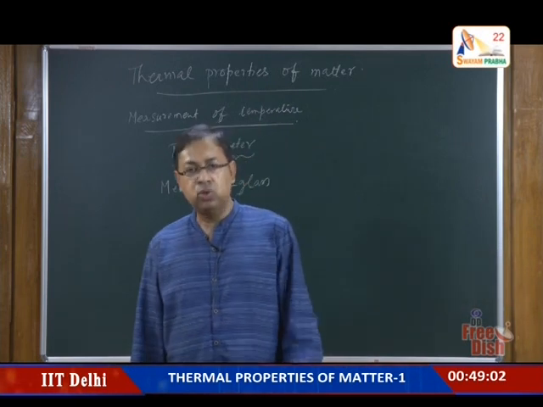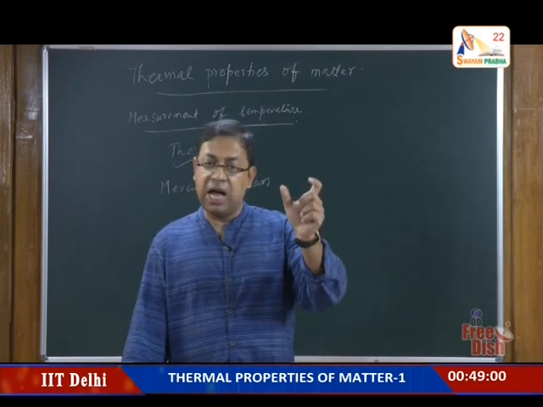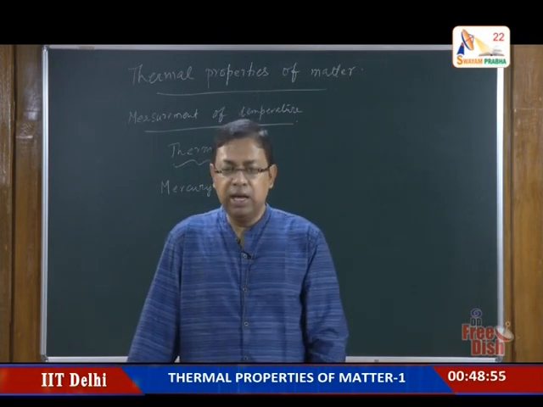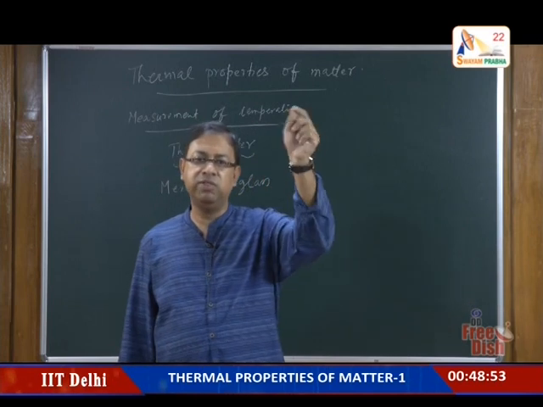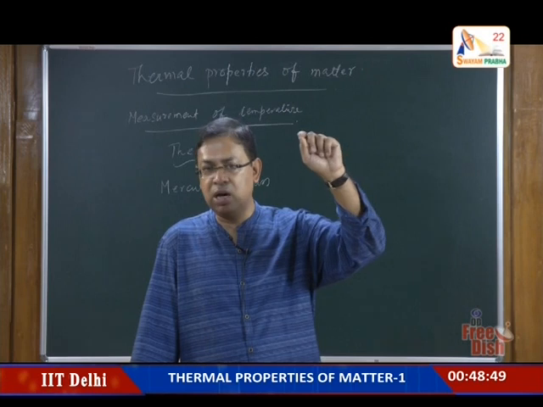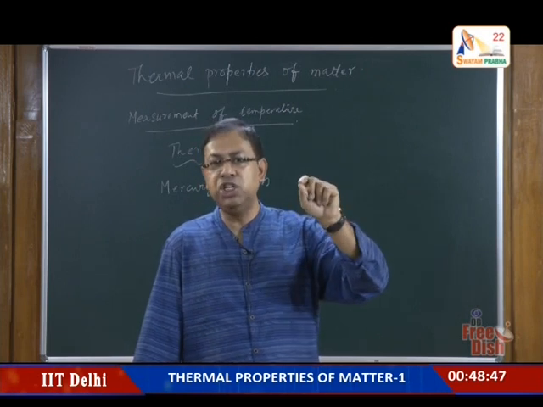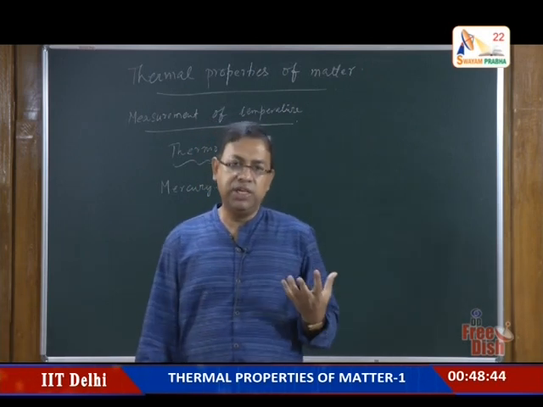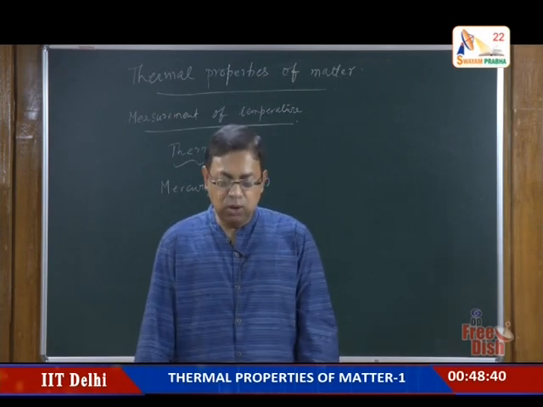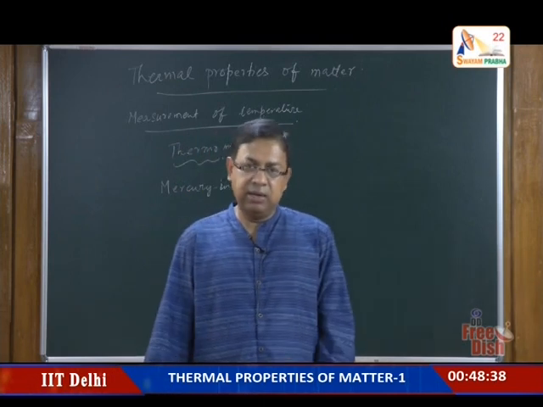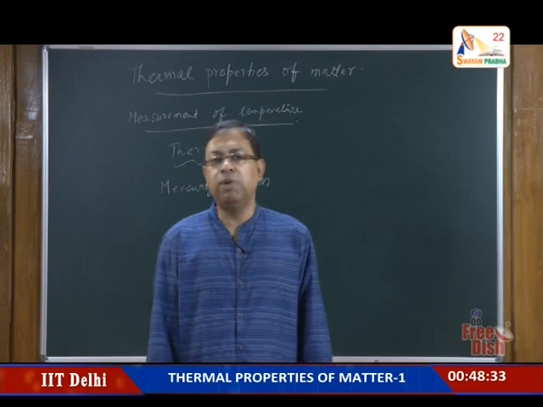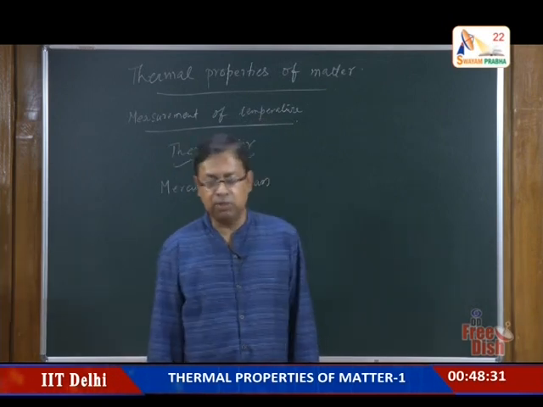The outside of the glass in which the mercury is there is marked with divisions, so that we know how much expansion has occurred compared to its initial situation before the application of heat. So that's pretty much the working principle of a mercury in glass thermometer.